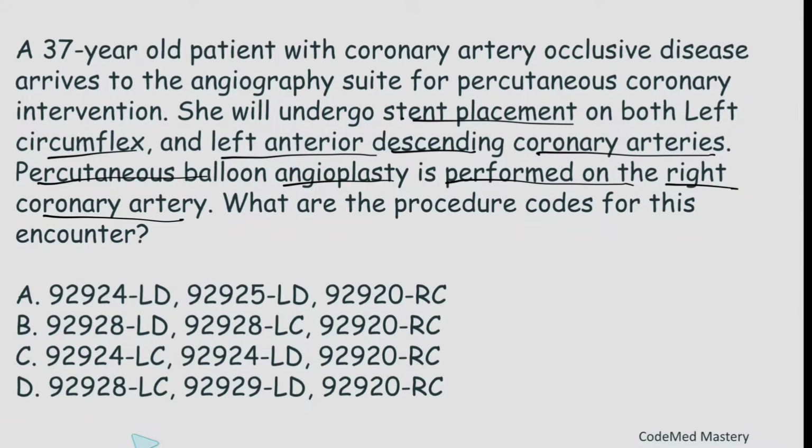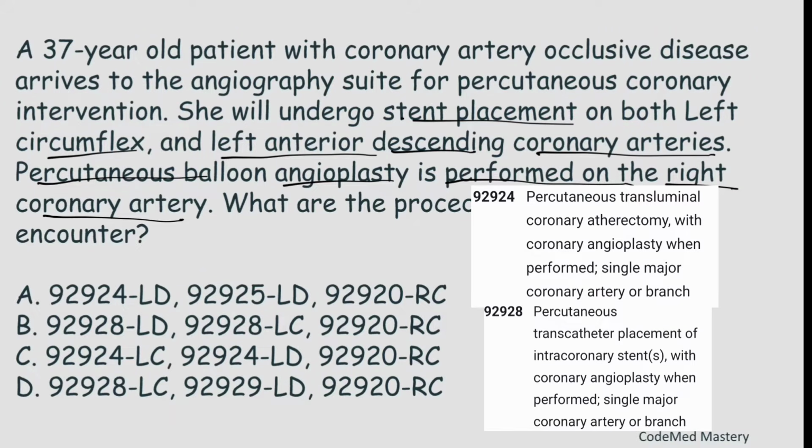Now you can see many codes in the options, right? So first let us check the first code from each option. So you have the code 92924, 92928, again in option C 92924, in option D 92928. So let us check these two codes, 92924 and 92928. 92924 is for percutaneous transluminal coronary atherectomy with coronary angioplasty.